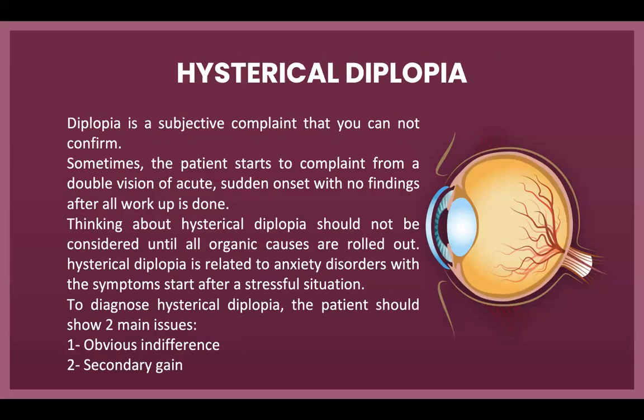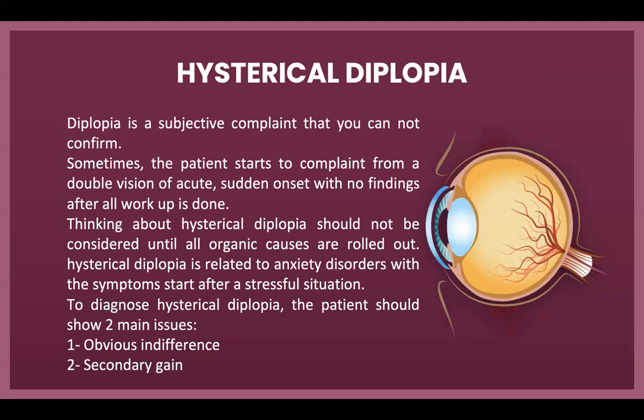The last slide is hysterical diplopia. If you examine the patient, as we said, diplopia is a subjective complaint and cannot be confirmed by any examination or any test. If the patient claims he has diplopia, you cannot tell him you are not right or you are malingering.